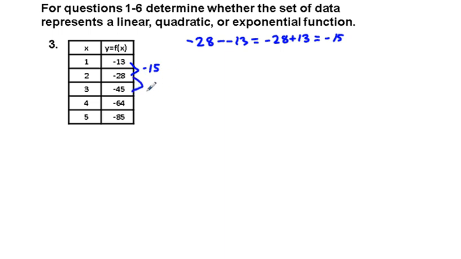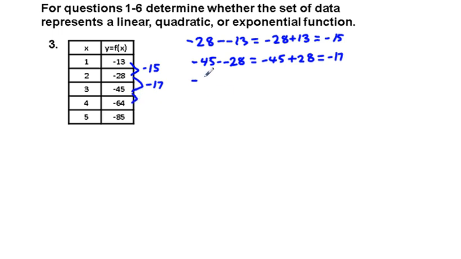Next we have negative 45. We're dealing with negative numbers. That can be problematic, but we're going to have negative 45 minus negative 28, which is going to be equal to negative 45 plus 28. And that's going to be negative 17. So negative 17 is going to be another difference.